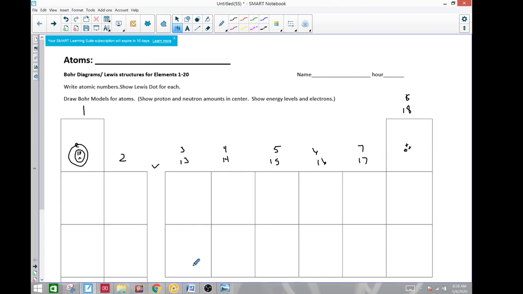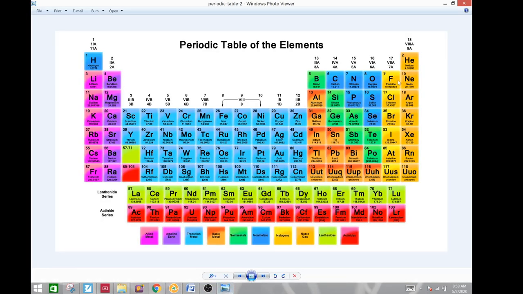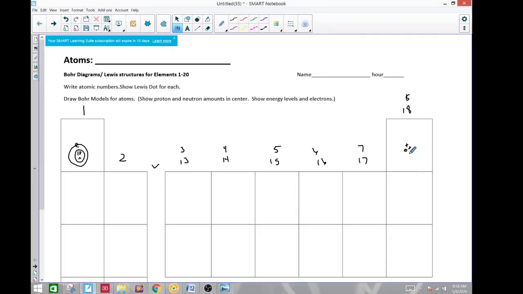You could go to the periodic table and say, well, how many are normally there? Typically, it's got a mass number of about 4, so it changes, but it's probably around 2. So I'm going to draw 2 of them in here. And this is going to be one energy level, and we're going to get 2 electrons on here. And there we go.